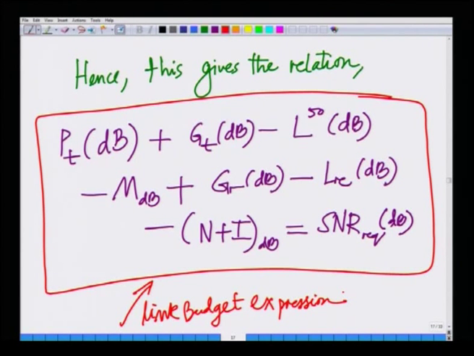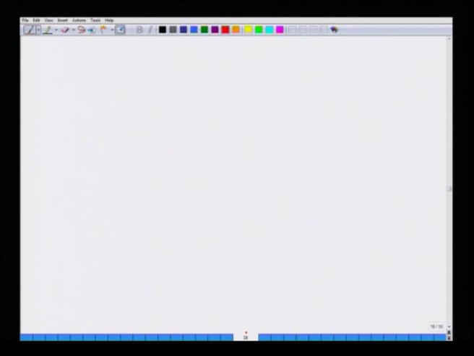So, SNR required is nothing but transmit power plus transmit gain minus path loss minus margin plus gain of receive antenna minus cabling losses minus noise plus interference power. Flipping this on its head, that is writing it in another way, this can also be recast to compute the required transmit power.